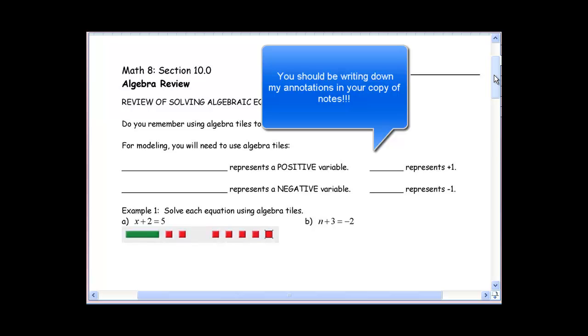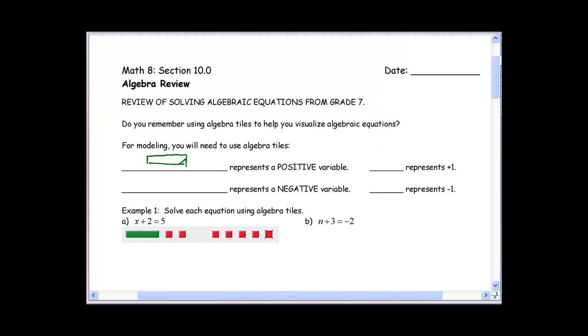We model algebra tiles this way. We use these rods to represent the variable, and for positive variables we usually use a solid rod. So just draw in a solid rod, shade it in, and then a positive number would be represented by one of these tiny little squares. Sometimes they're drawn in red, but once again they're shaded in solid.